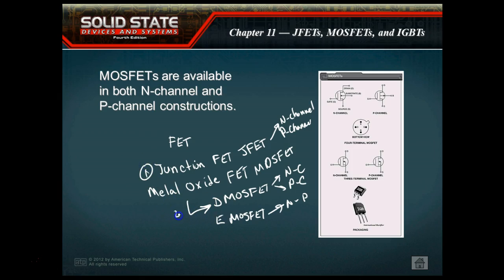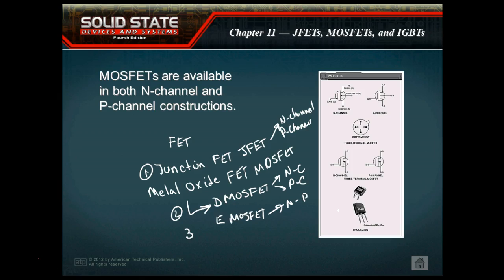So we got three different types, right? Because these are all metal oxide. So we got JFETs, D MOSFETs, and E MOSFETs. Every one of them has its own characteristics. They are not the same. If they were the same, we wouldn't have three different types. Each one of them has a P channel and an N channel. So we got a P channel and an N channel JFET.